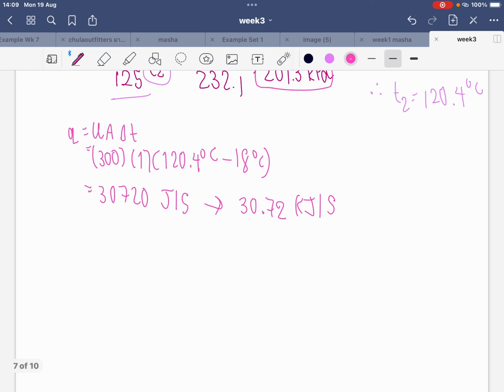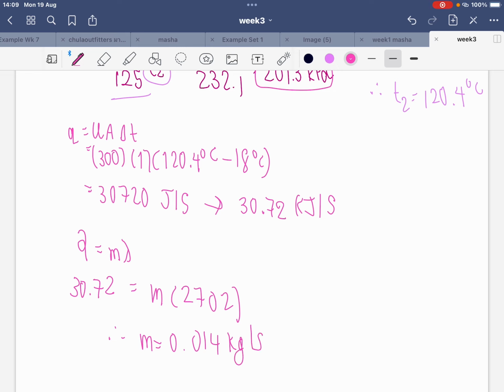And then Q, 30.72, equals M times 2772. Therefore, M is 0.014 kilograms per second. Another way, it is 50.22 kilograms per hour.